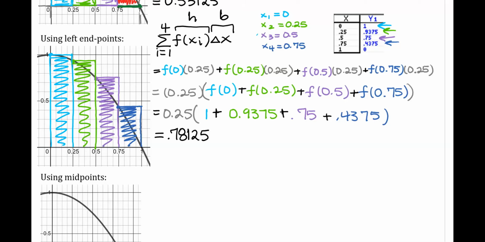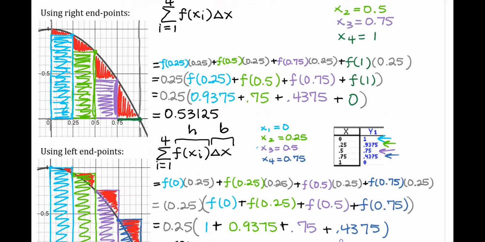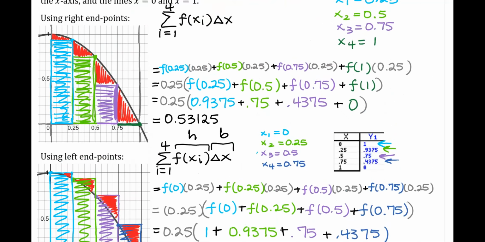Now again, we can look at this picture and say this is an overestimation, similar to how in the last example we said that was an underestimation. This is an overestimation because some of these rectangles are grabbing pieces that are not under that curve. So all this area that now I'm shading in red, we really should not be counting it because that's not area under the curve. So the right endpoints gave us an underestimation.